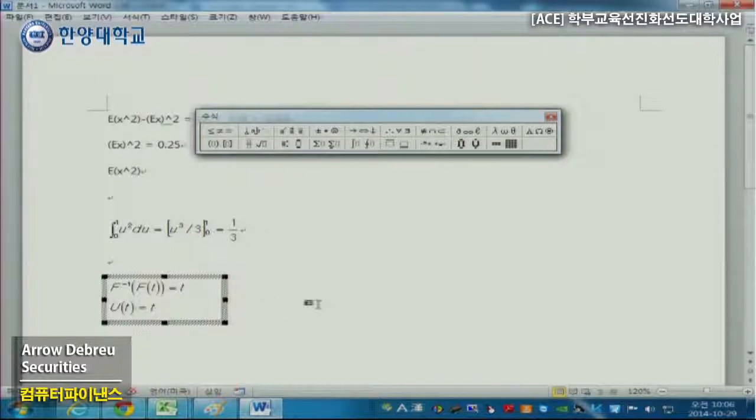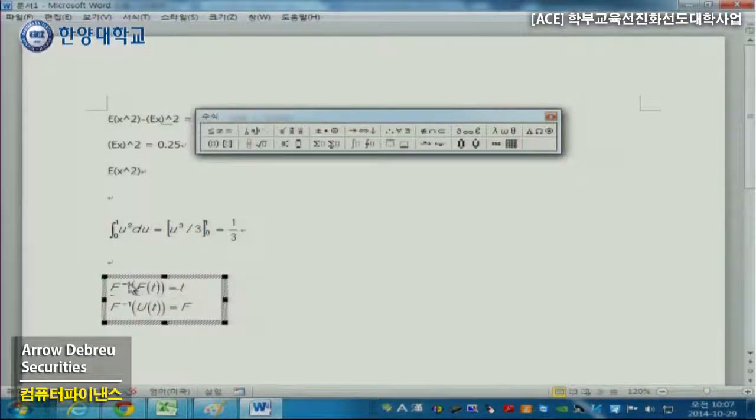So what we are doing is that first... No, I think it is the other way around.